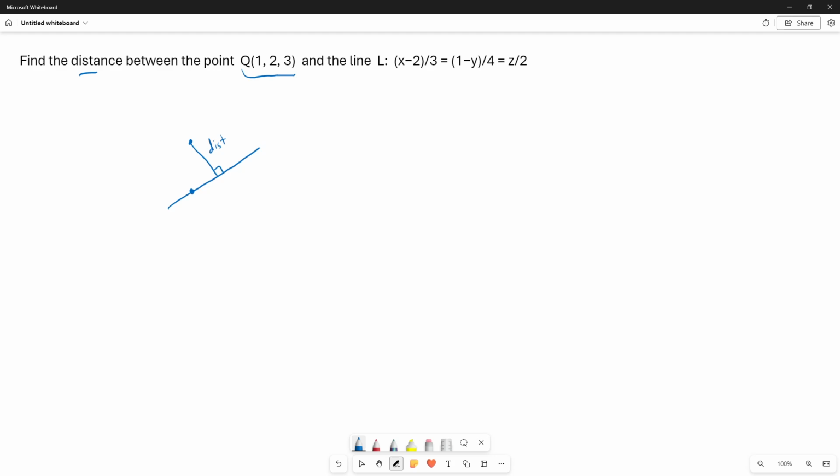We're going to take a point on the line, P, create the vector PQ, and put the direction vector for the line here.